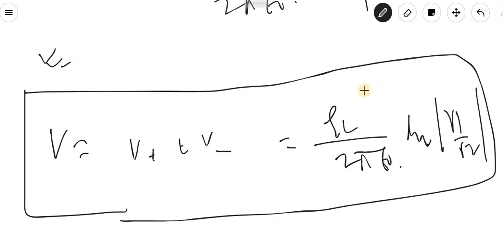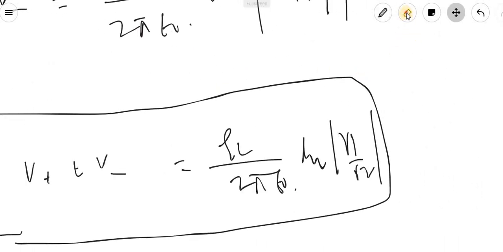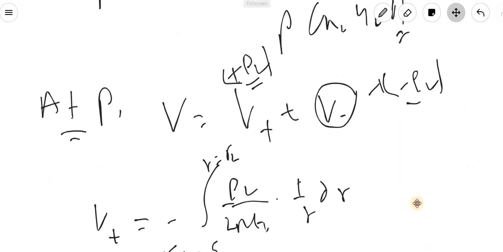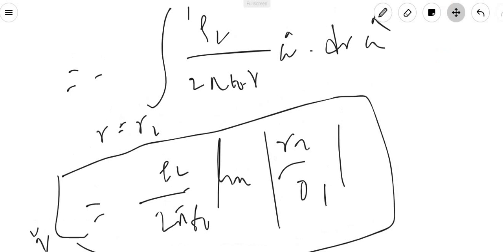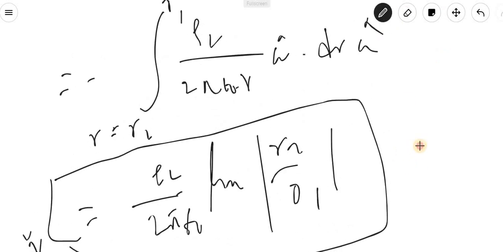So what is the similar thing for a single charge line? For a single charge line, let's take this equation as equation number 1.